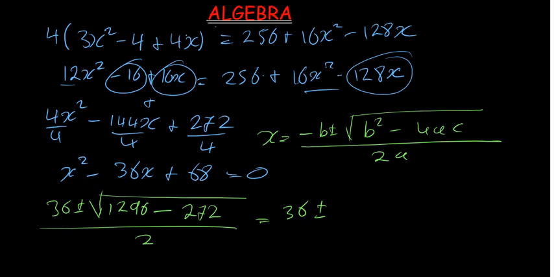The square root of that is 32, divided by 2. Here you are going to have two values.